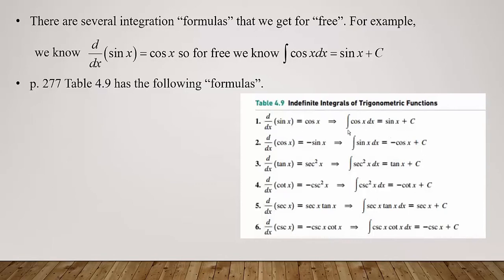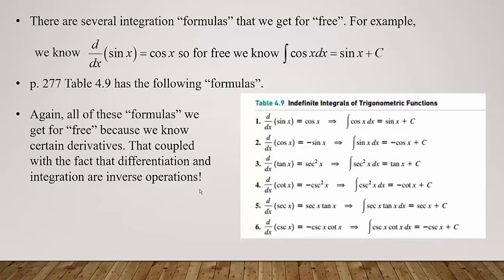That's all it's saying. Because you know the derivative of tangent is secant squared, for free, you get the integral of secant squared as tangent. So again, all of these formulas you get for free because you know certain derivatives, coupled with the fact that differentiation and integration are inverse operations.